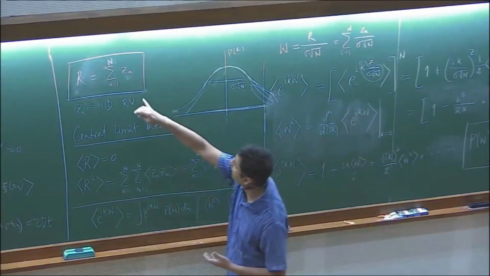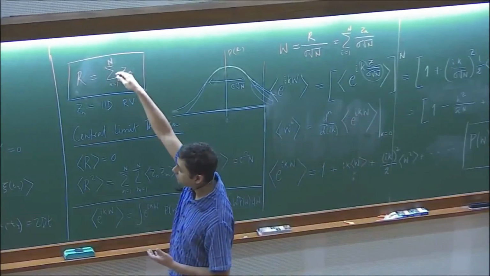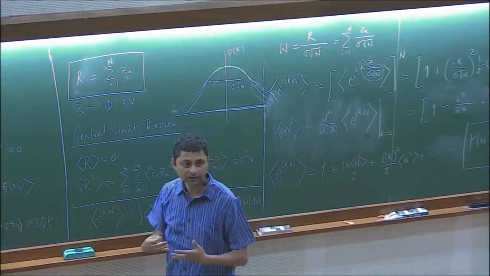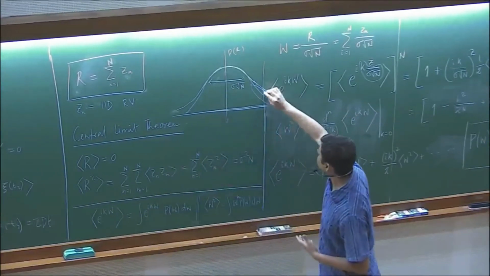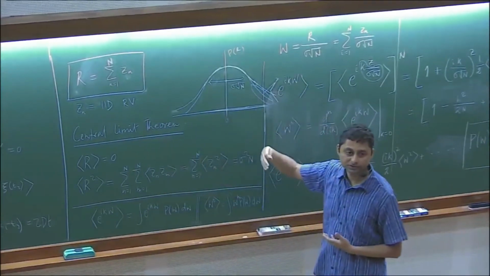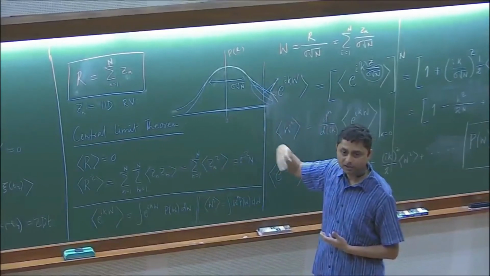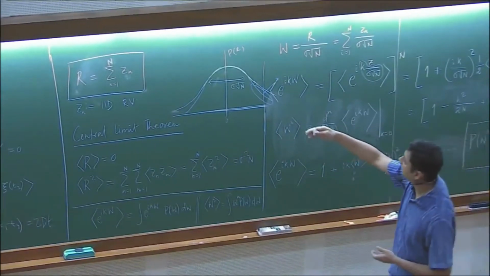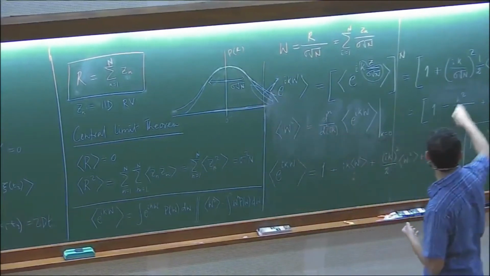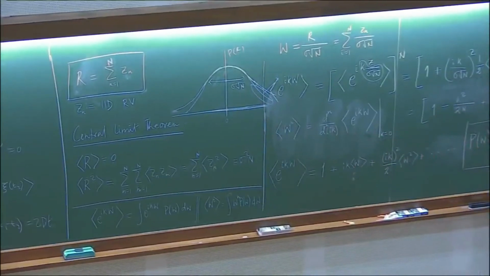Unless this variable itself are exactly Gaussian, right? But if they are not Gaussian, then this will be something there. So these are called large deviations, right? And this large deviation is something which is non-universal. See this Gaussian, we did not have to assume anything, right? I didn't tell you what is the distribution of Z. I only told you that its mean and the variance exists, right?